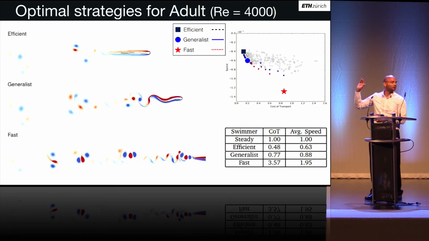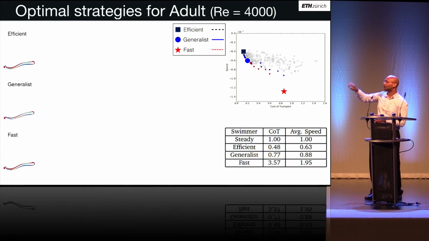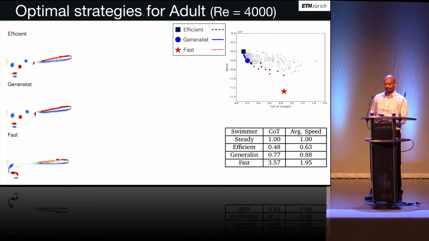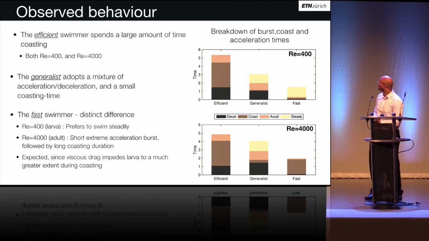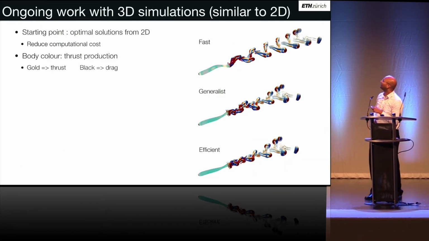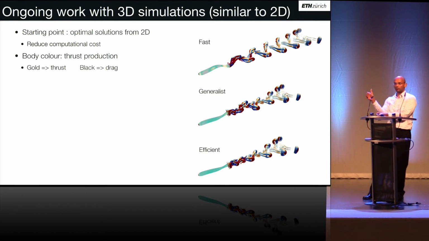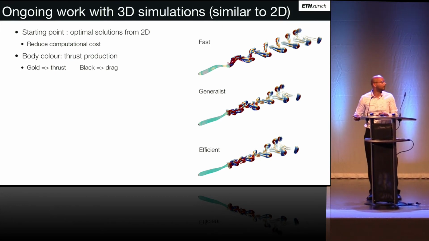Red is fluid swirling this way out of the plane, and blue is fluid swirling into the plane. And for the 3D cases, the color is again the same thing. So if you look over here, that red segment is basically fluid swirling this way. And the body is colored with thrust.